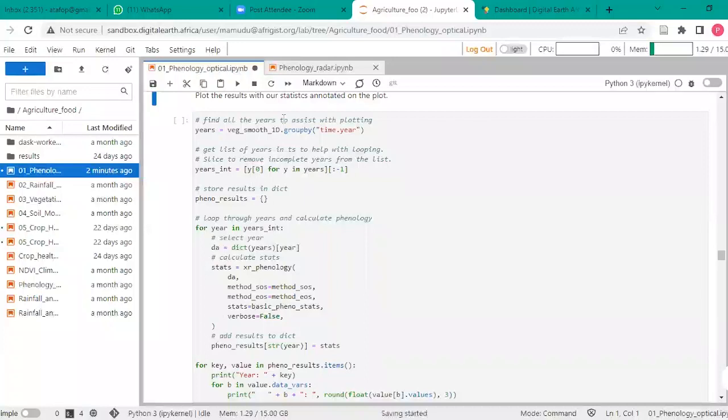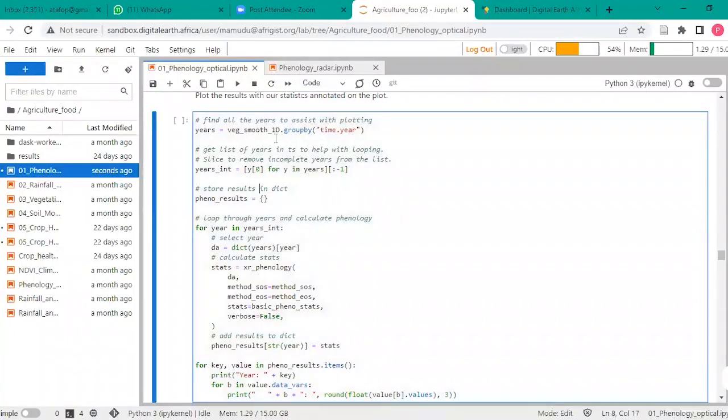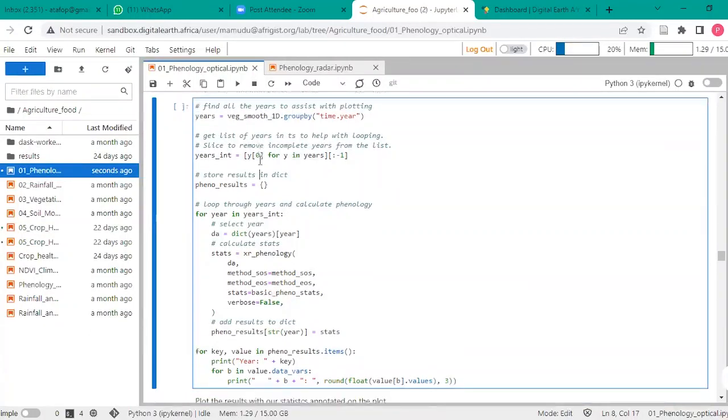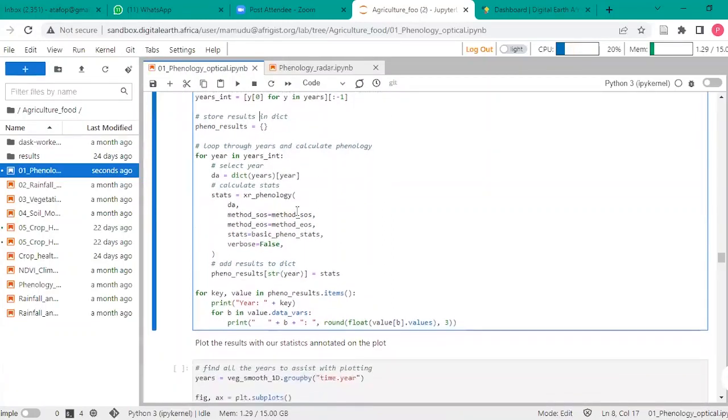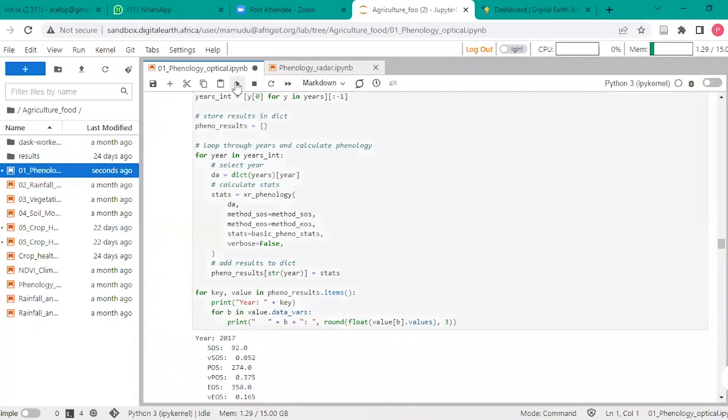And it will determine that based on the year. It will first of all eliminate any year that does not have information. So it's first of all going to use a slice to remove incomplete years from the list. And then it will go ahead and calculate the phenology statistics for each of the data sets available in the years that we have. So we'll run this.